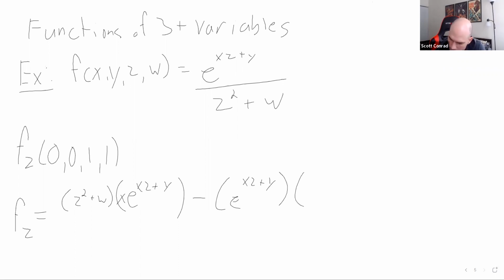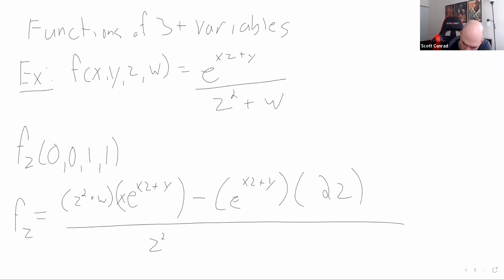And what's the derivative of z squared plus w with respect to z? Treating everything but z as a constant, differentiating with respect to z. We get 2z plus 0, or just 2z. Divided by the square of the bottom, z squared plus w, quantity squared.